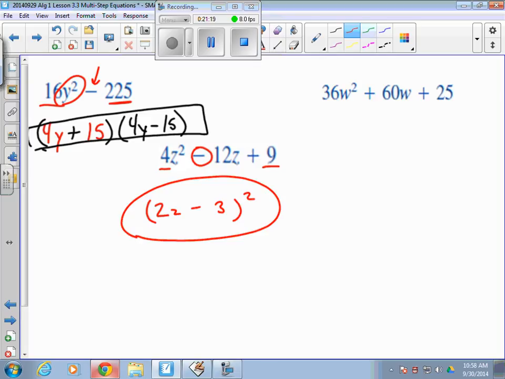And same thing with this other one. Perfect square 36 is 6 times 6. Perfect square w squared is w. Perfect square 25 is 5. 6w and 5, this tells you plus in the middle. 6w plus 5 squared.